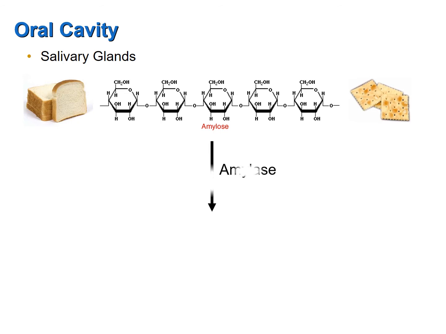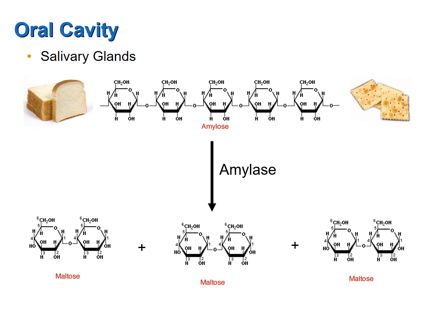Amylose is digested by amylase to form the disaccharide maltose. Now, maltose is a disaccharide and is sweet to the taste. That is why if you are chewing bread or crackers, the longer you hold those foods in your mouth, the sweeter they begin to taste.